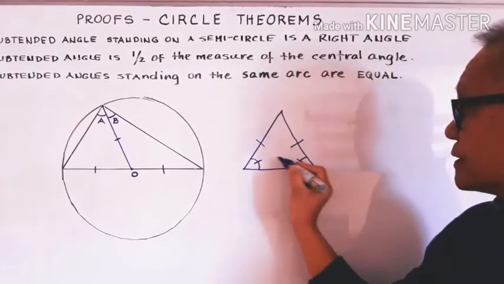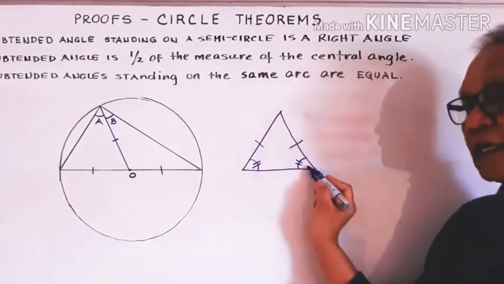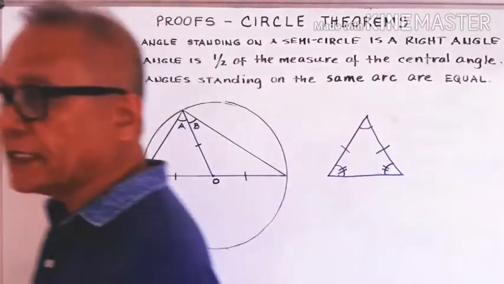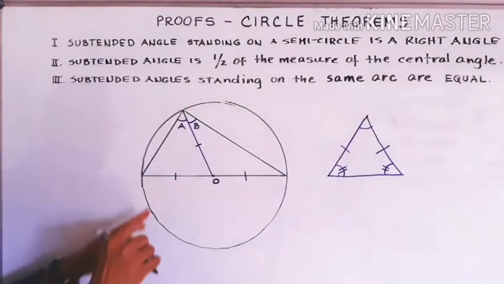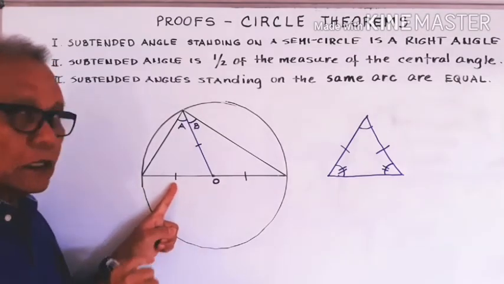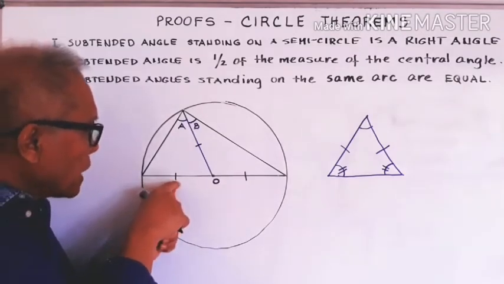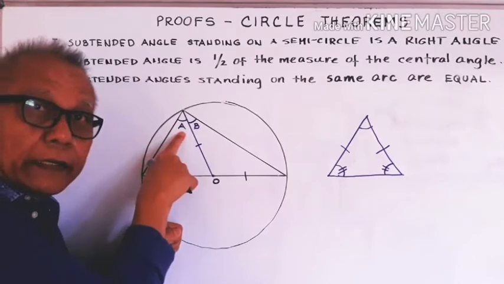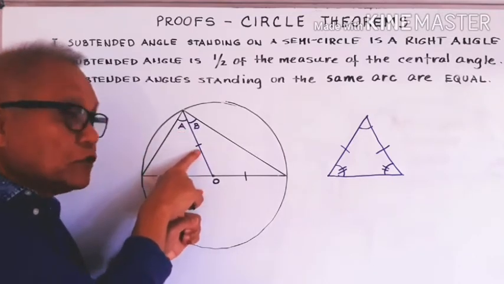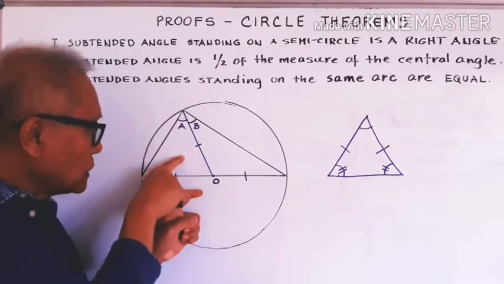So these two angles here are equal, or let's go back here first. Now, we locate the base angles, and one of the base angles here is angle A. Now, the opposite of this radius here is where? It's here.